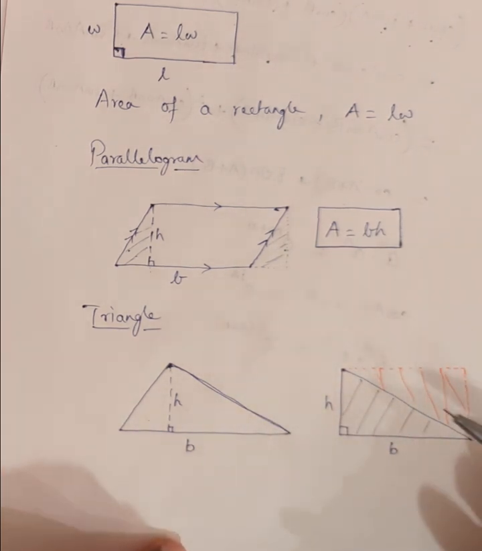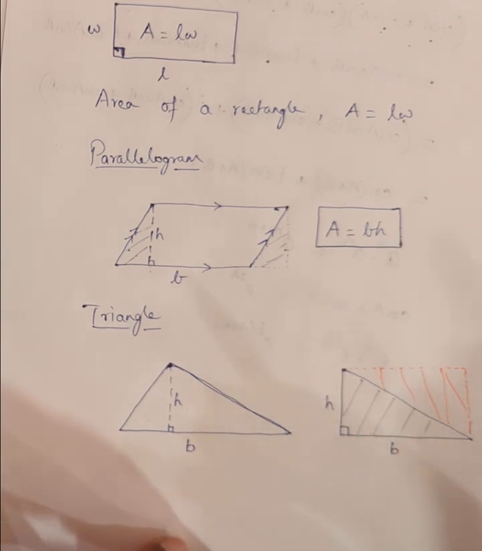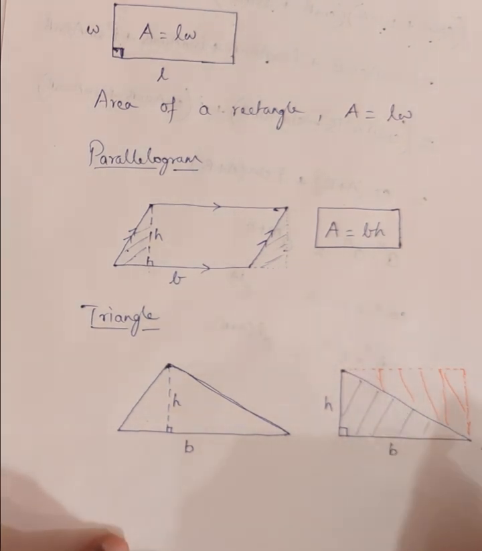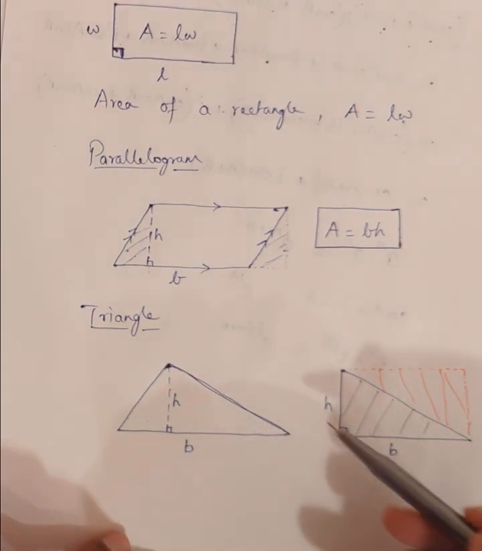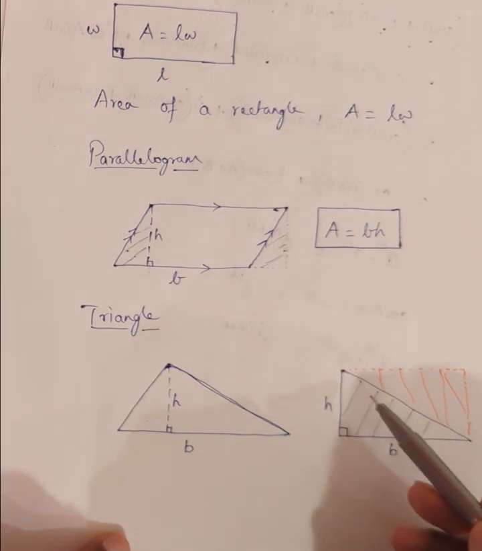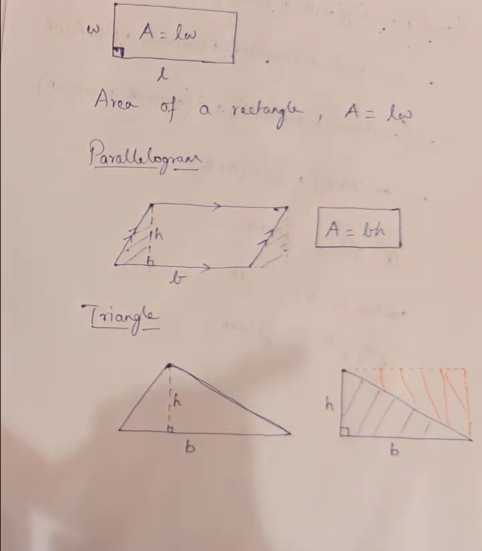So whatever is outside is the same as what you have inside, which means each is half of the area of the rectangle. Area of the rectangle is B times H. So area of this triangle is half times B times H.